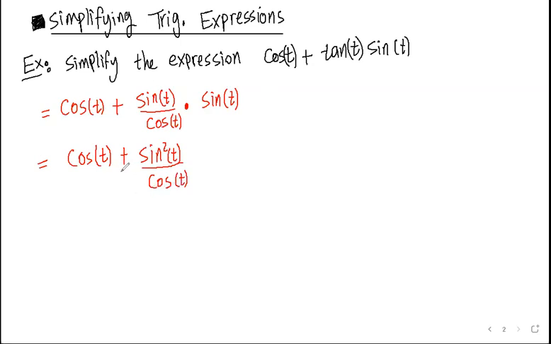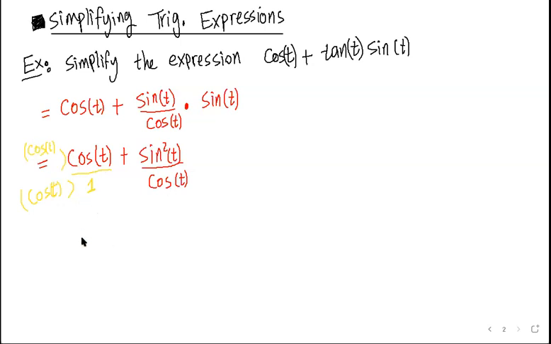Now between this term and this term, I can make a common denominator. How can I make the common denominator? Multiply by cosine, top and bottom. This term is actually over 1, so I multiply it by cosine of t in the numerator and the denominator, like multiplying by 1.